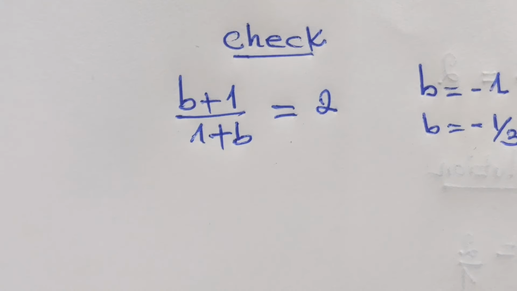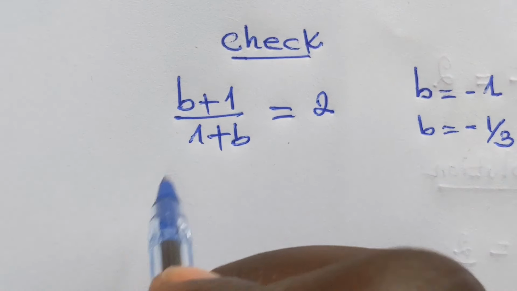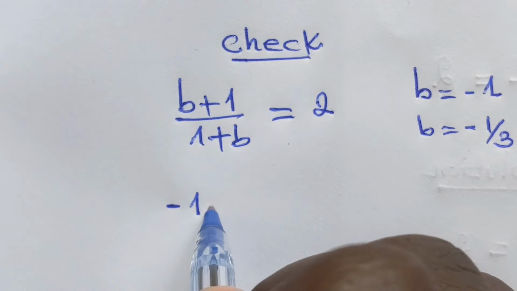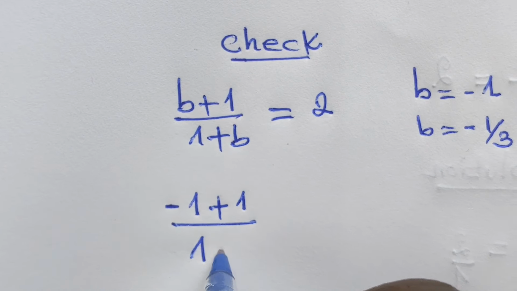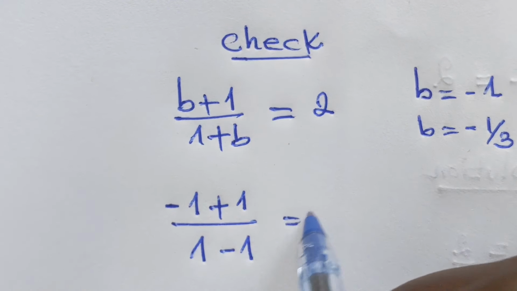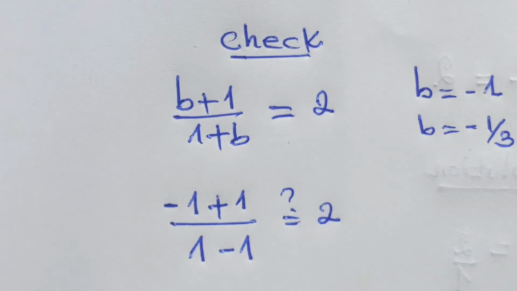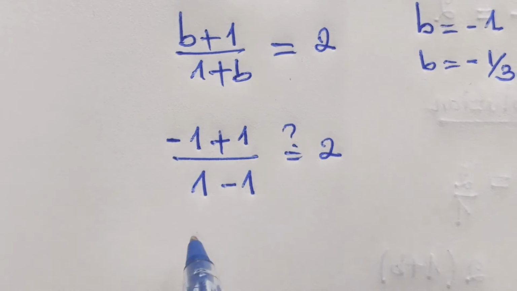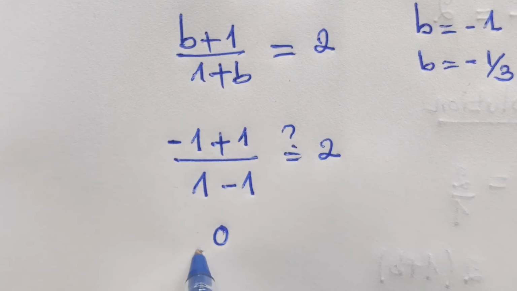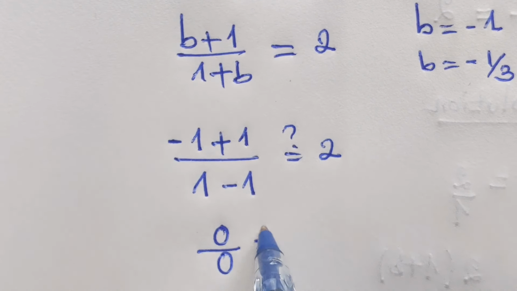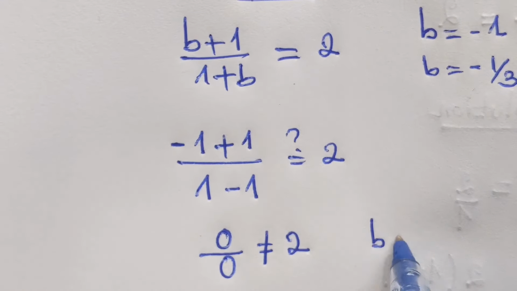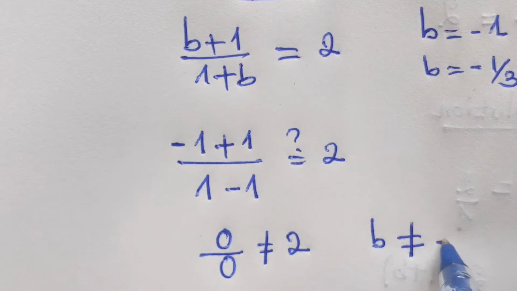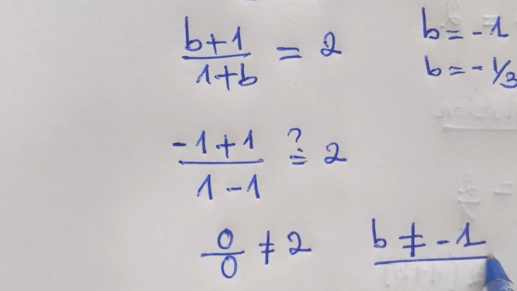Now by replacing b with negative 1 right here, we have (negative 1 + 1) over (1 minus 1) equal to 2? So that here we have 0 over 0, which is not equal to 2. So b does not equal negative 1.